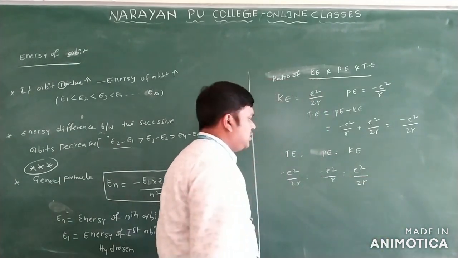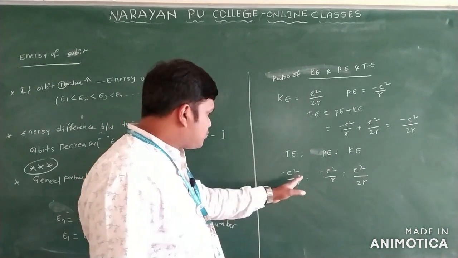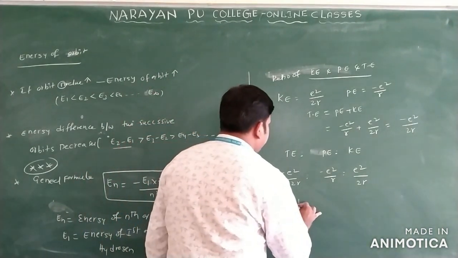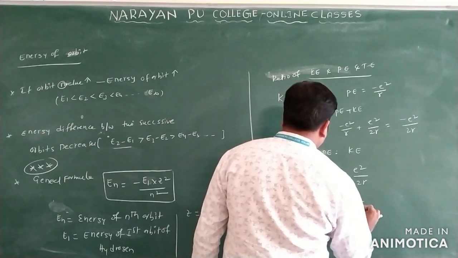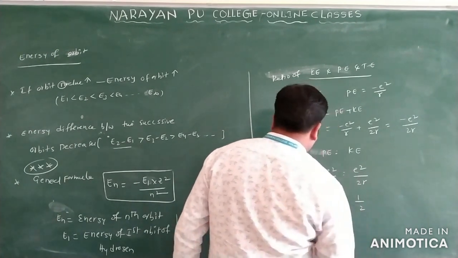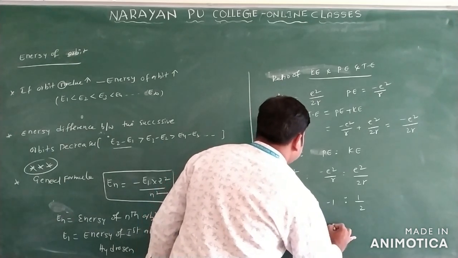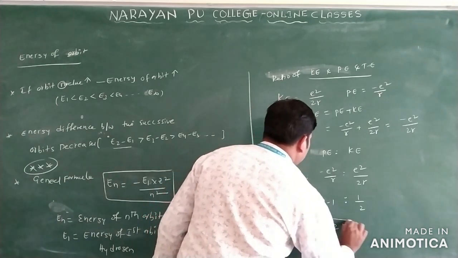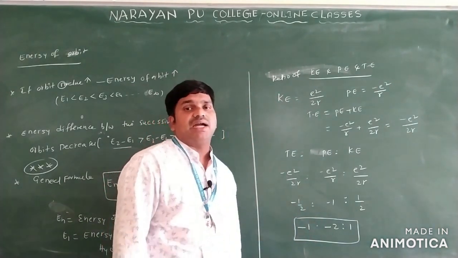In all the cases minus e square by r is cancelled. Then you get minus 1 by 2, minus 1 and this is 1 by 2. Then you can do the LCM: minus 1, minus 2 and 1. This is the ratio of total energy, potential energy and kinetic energy.